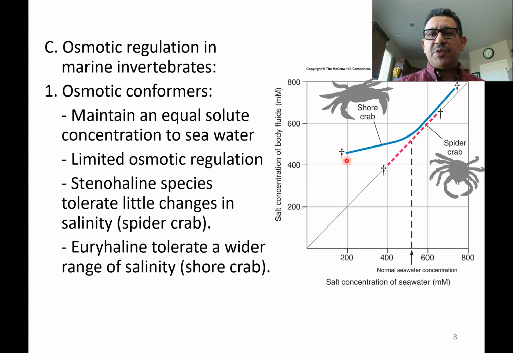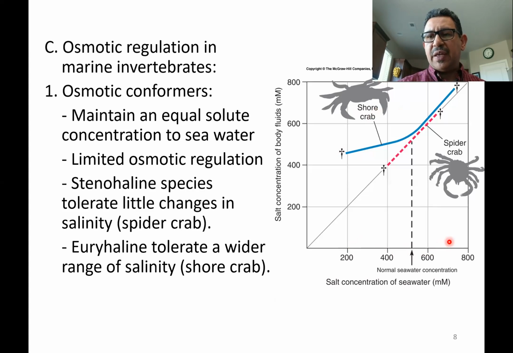Now look at this graph. The concentration of salt in the water inside of those pools where the shore crabs live is going to be very diluted on a rainy day. It can be very concentrated on a hot, sunny day. And so what happens with these animals is that they can tolerate this wider range of salinity.